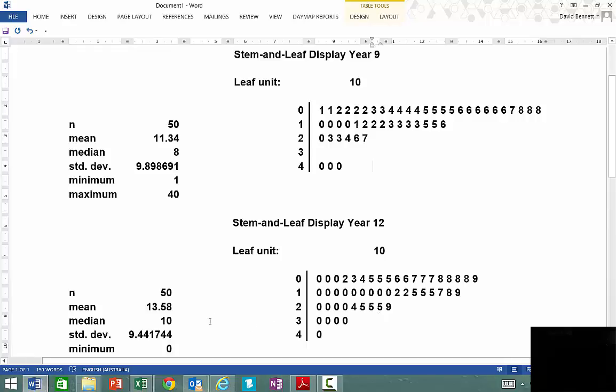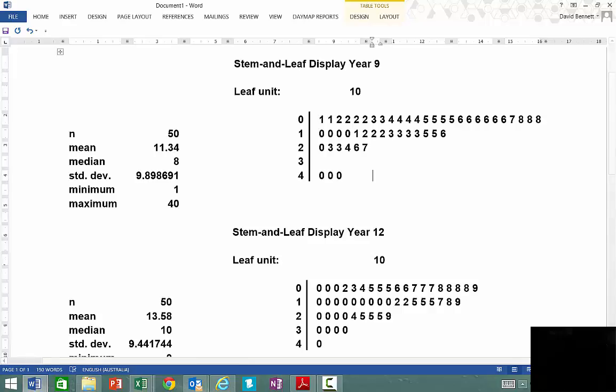For this sample, the average or the mean time they spend on a computer is 13.58 hours for Year 12s and 11.34 hours for Year 9s. So that's roughly an extra 2 hours. And then our median value, which has 50% of the students below and above, is in fact for the Year 12s another 2 hours more than the Year 9s.